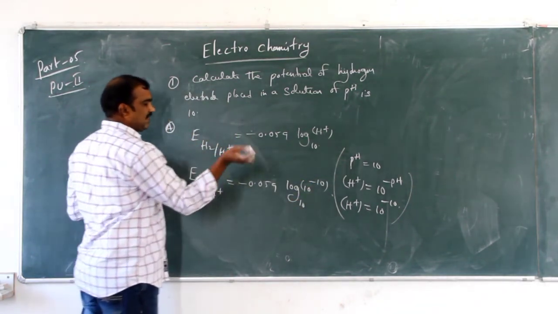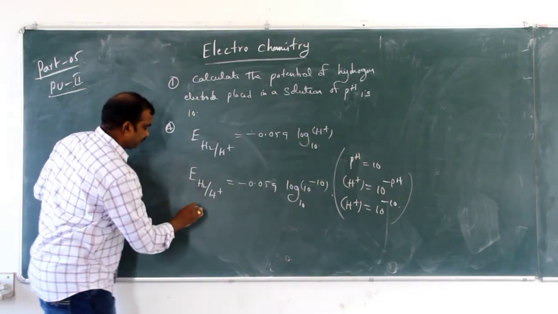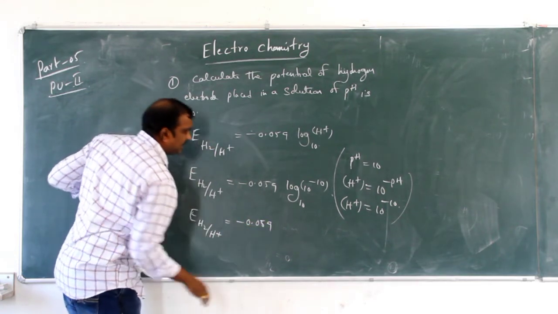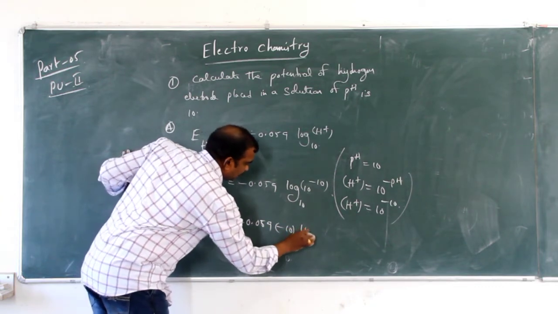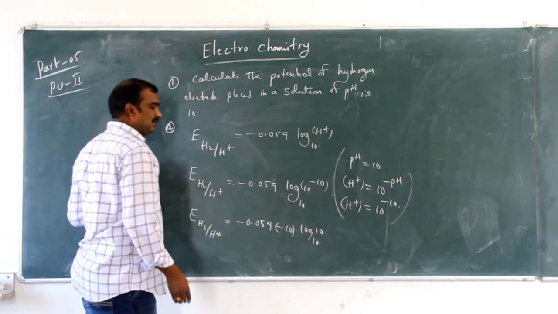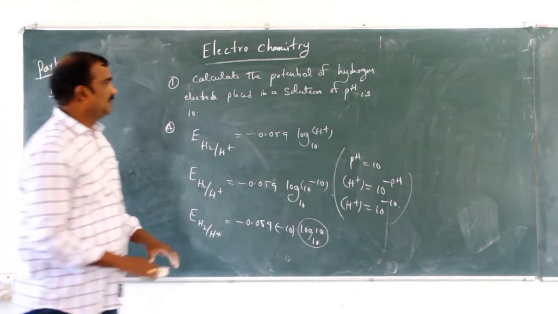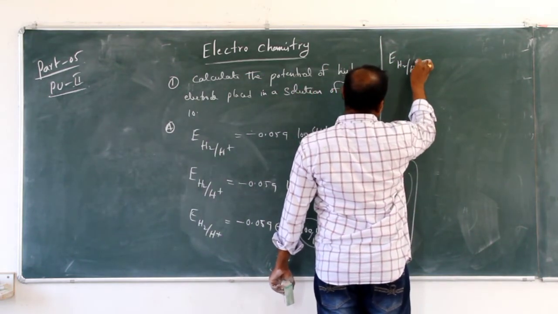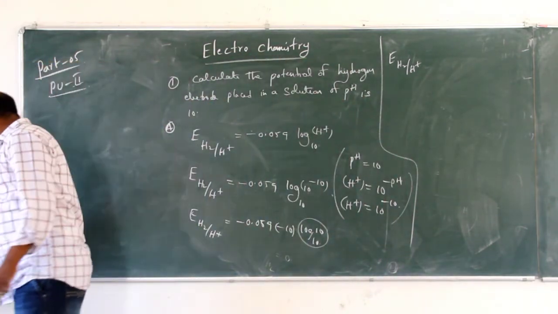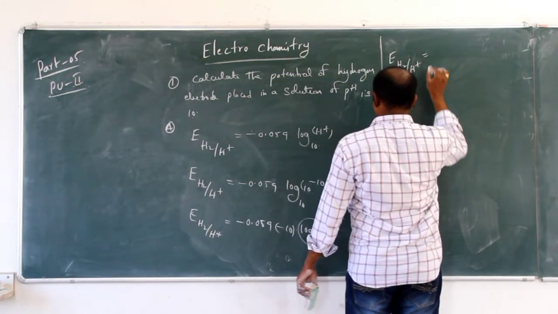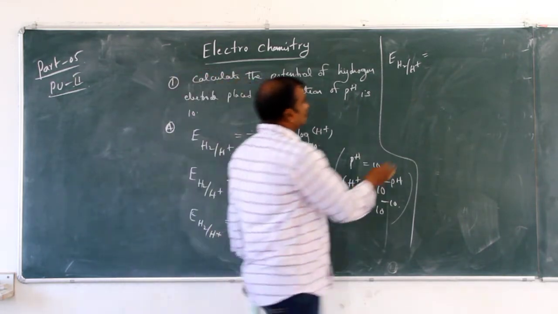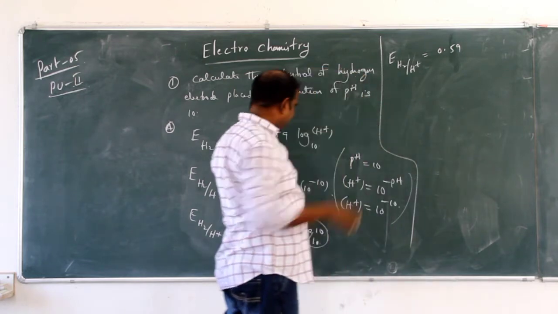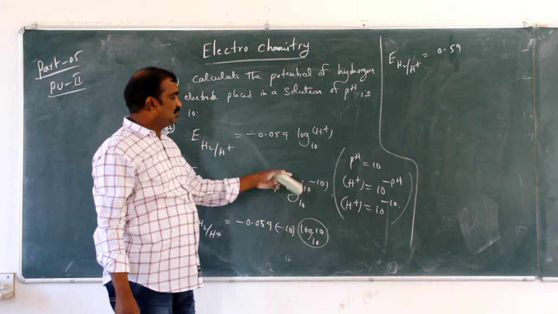As per the previous formula, log of x base x is equal to 1, so E of H2 by H plus is equal to minus 0.059 into minus 10 into log 10 base 10.